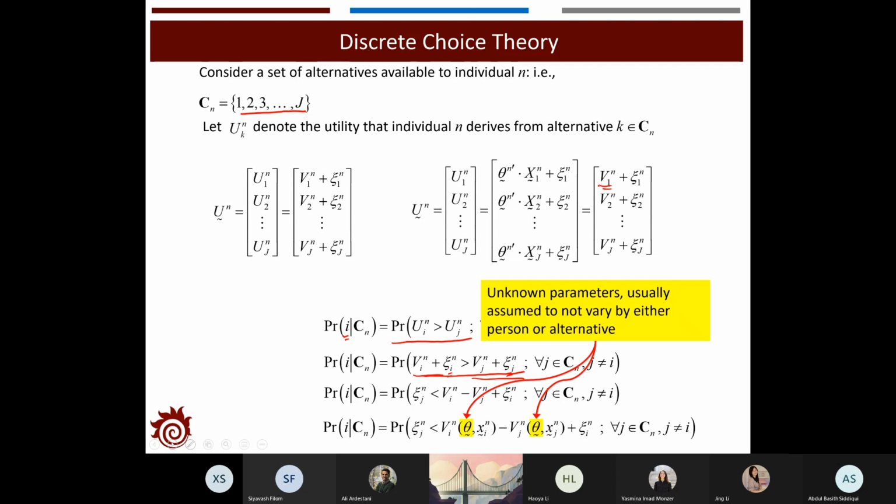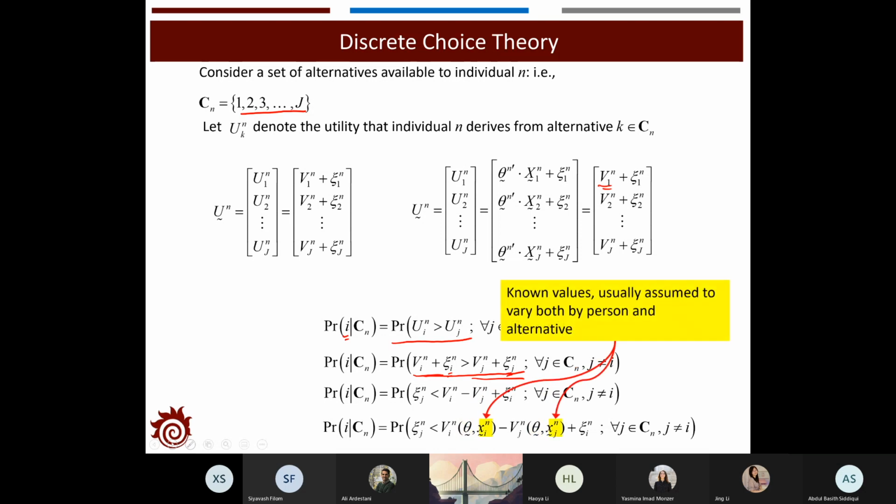And we can also assume that usually these parameters are independent of the individuals, which means that all the individuals in the model share the same coefficient. This is actually similar to the linear regression problem, but we will extend this idea to the discrete choice model.